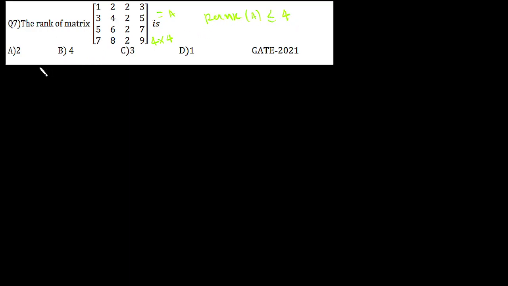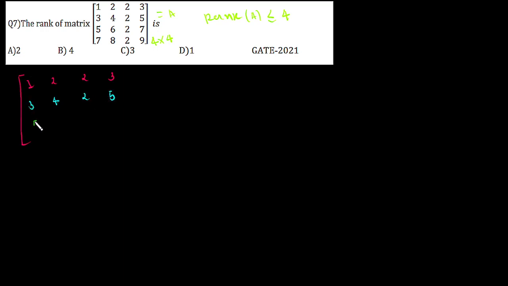So now to find the rank of this matrix we have to reduce this matrix into echelon form. So first of all let's write this matrix as it is here. Second row is 3 4 2 5.